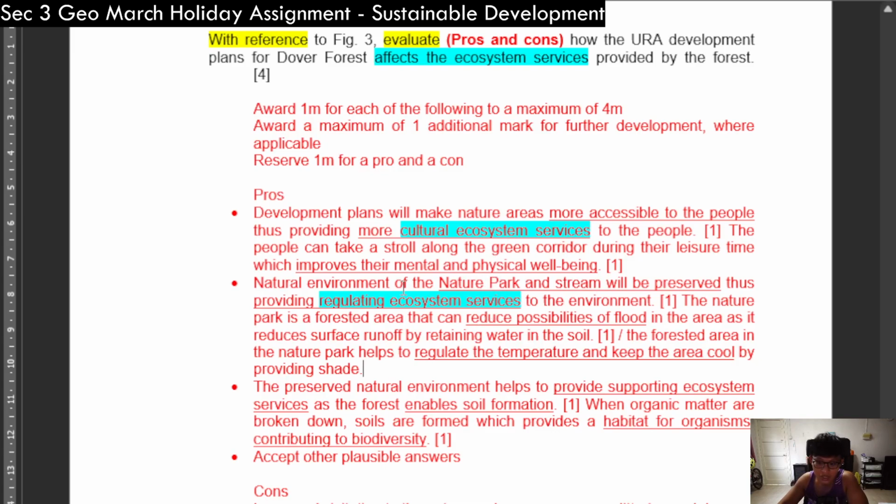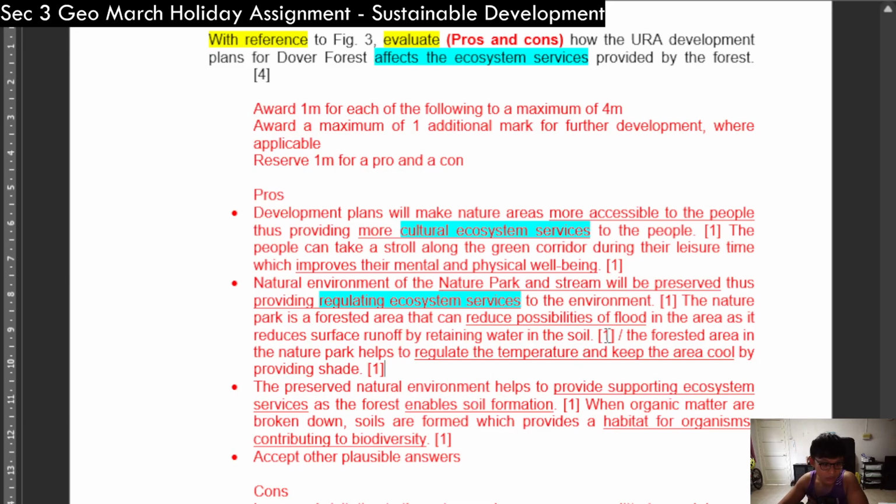So the second point is on how the natural park can be preserved, and then there would be regulating services. The nature park is a forested area, so it reduces the possibility of floods by reducing surface runoff. The forested area in the park can also regulate the temperature and help keep the area cool by providing shade.